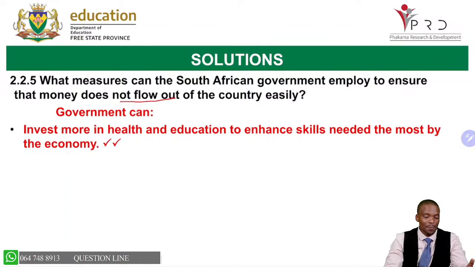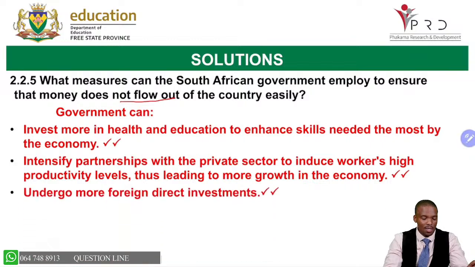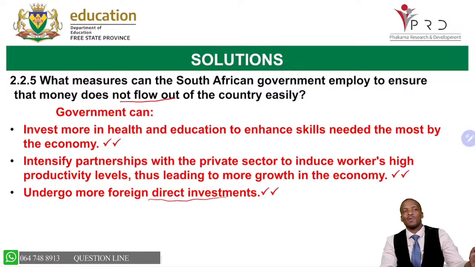The government can invest more in healthcare and education to enhance the skills needed the most by the economy. Intensify partnerships with the private sector to induce high productivity levels in workers, leading to more growth in the economy. And also they can pursue more foreign direct investment.